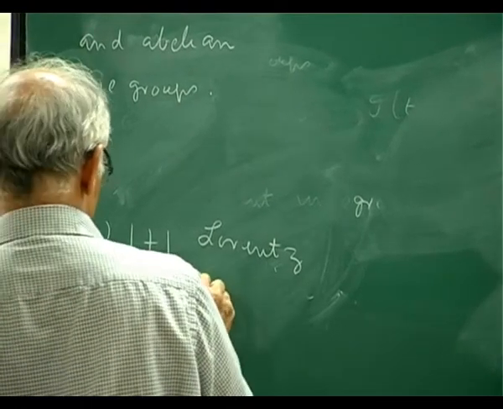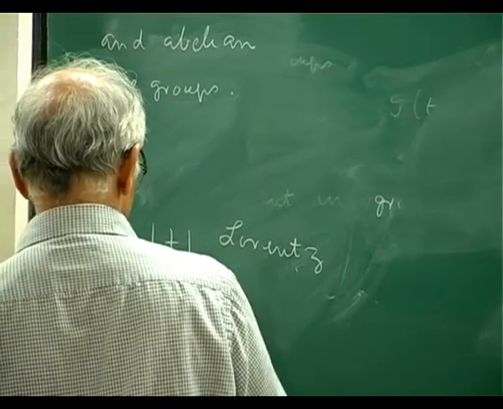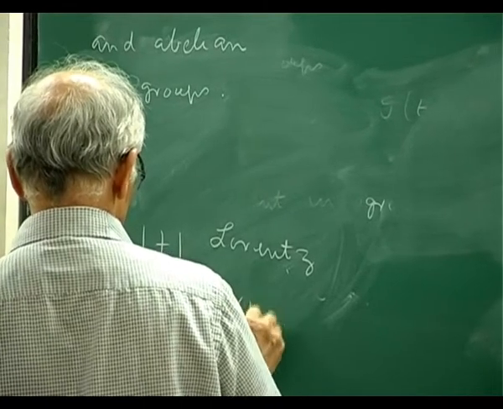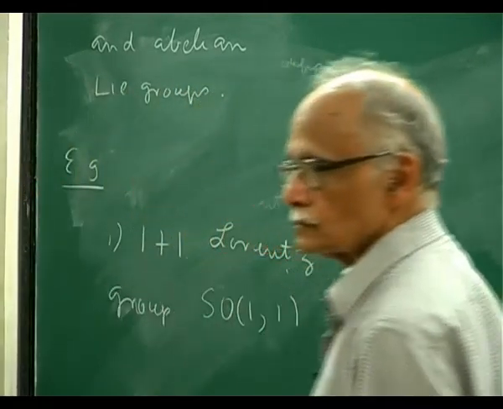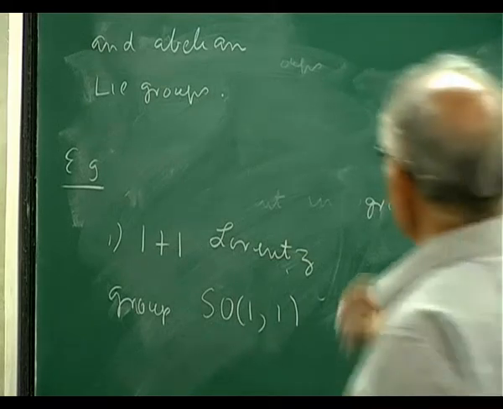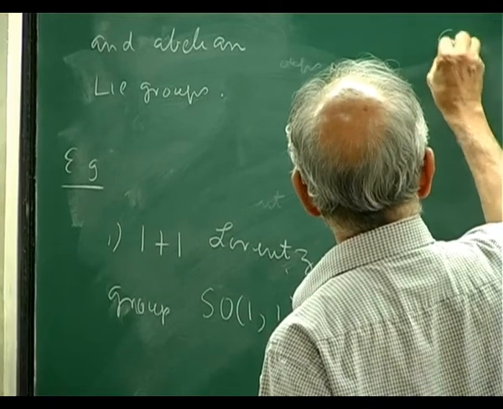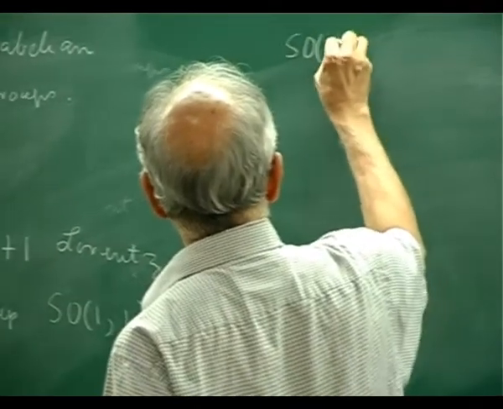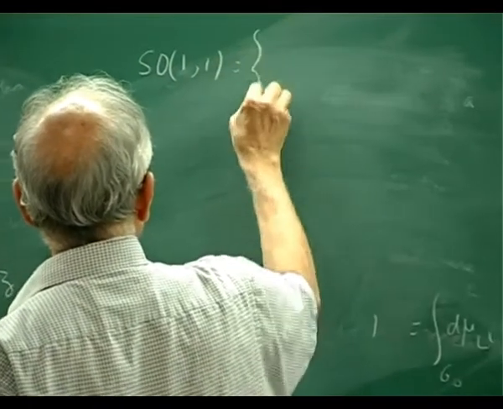Very often people write this as SO(1,1). The metric is 1, minus 1. The elements of this group will consist of g of theta.